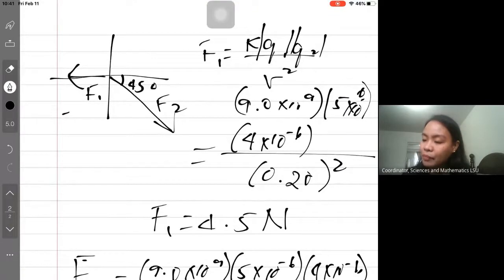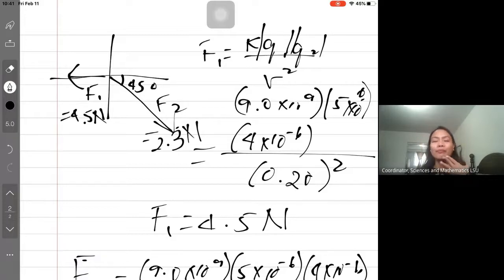F1 is 4.5 newtons, while F2 is 2.3 newtons. So you are asked for the net force. Here, you cannot add directly F1 and F2, because these are vector quantities. For vector quantities, the direction must be considered.